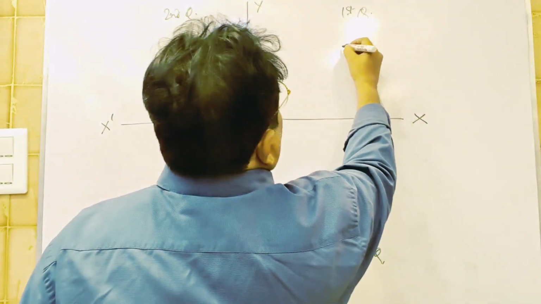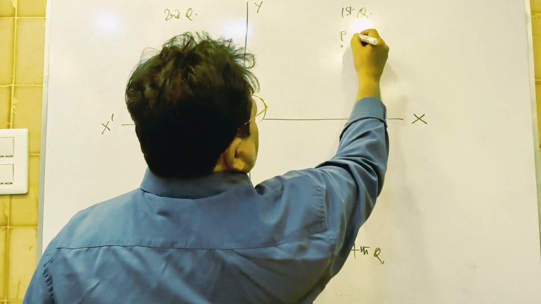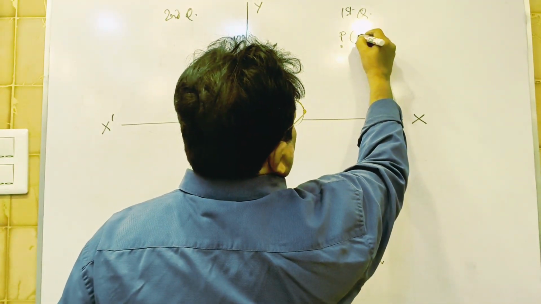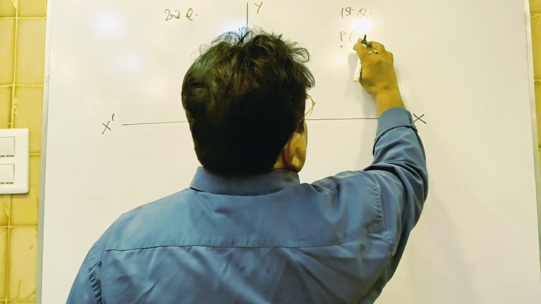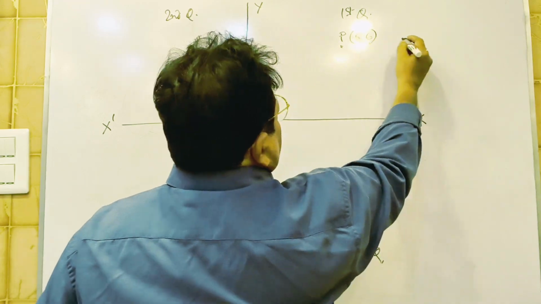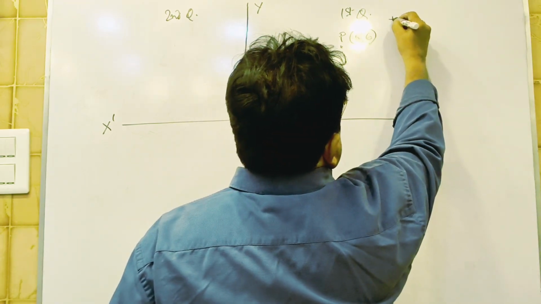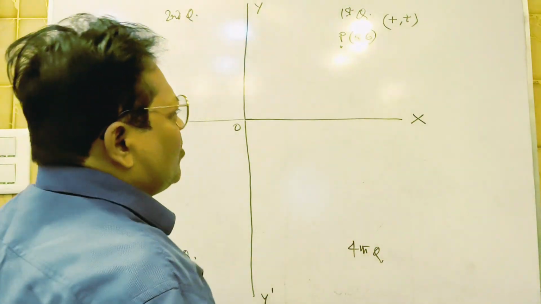Here all the coordinates of any point P are positive and positive. Suppose it is 5, 6. So here all the coordinates are positive, that is x and y coordinates.